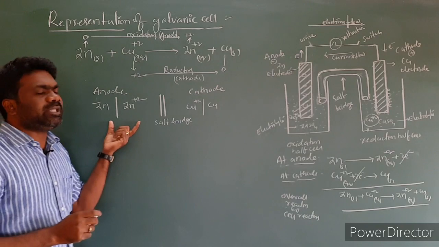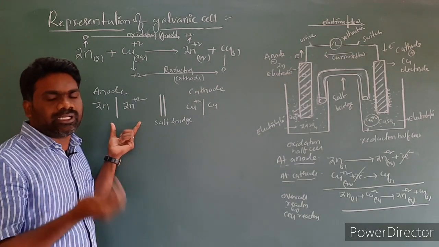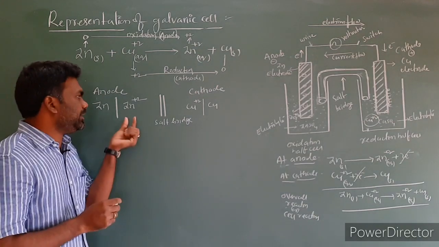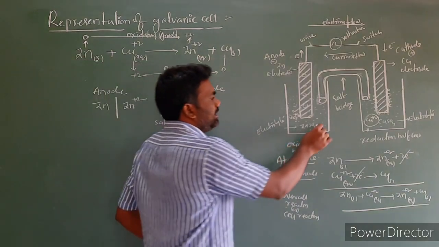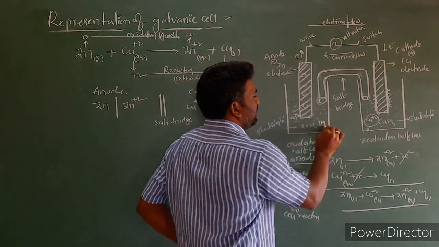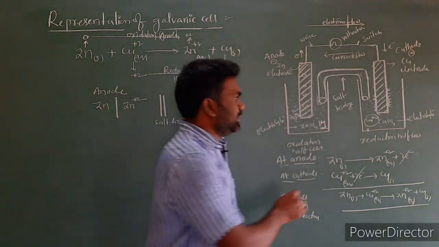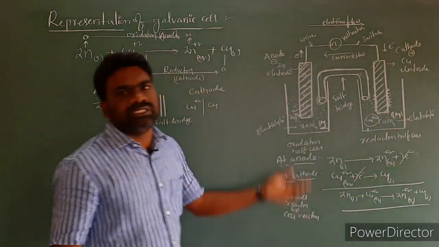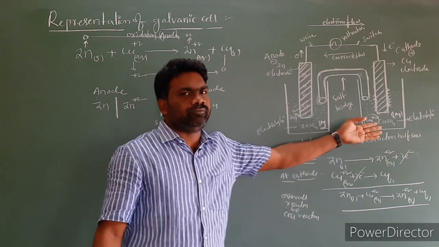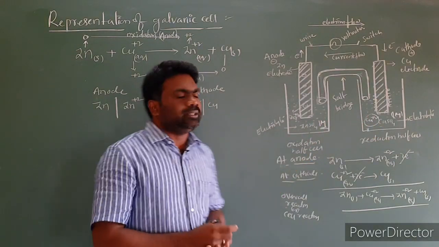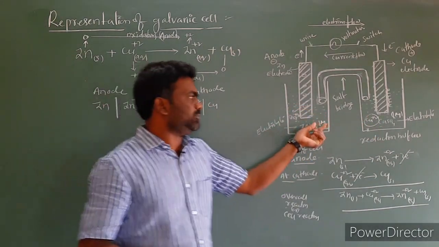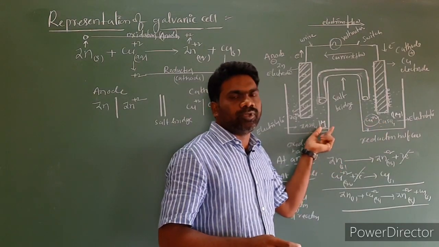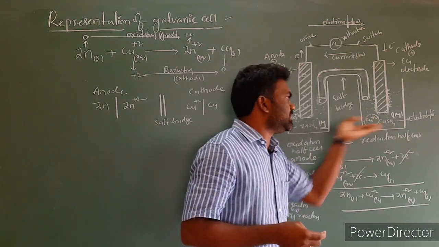The next point is that whenever the molar concentration of a solution is given, we write it in a bracket. Suppose the concentration of the solution is 1 molar. The concentration of zinc sulfate and copper sulfate is 1 molar in both cases. You can take different concentrations also, like 0.1, 0.01, and so on.